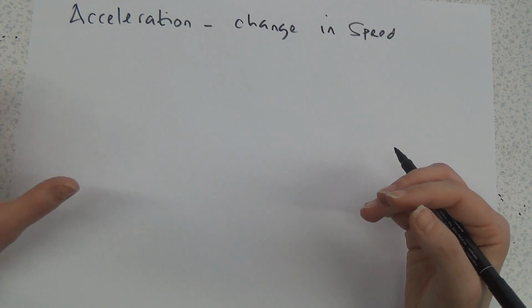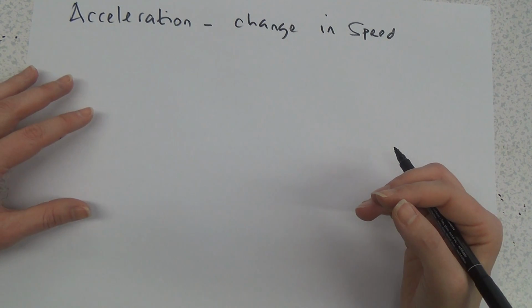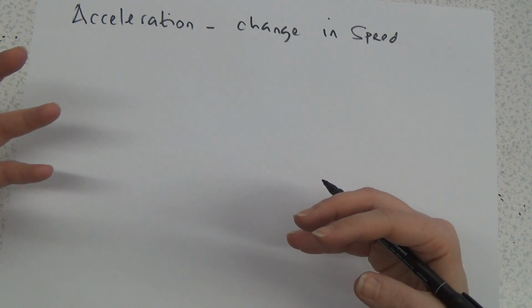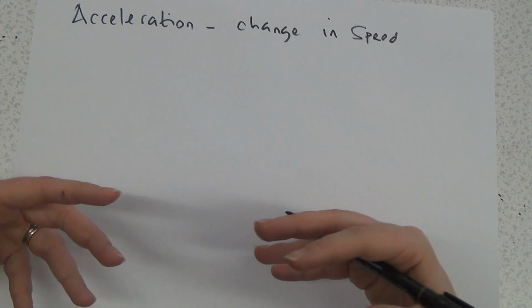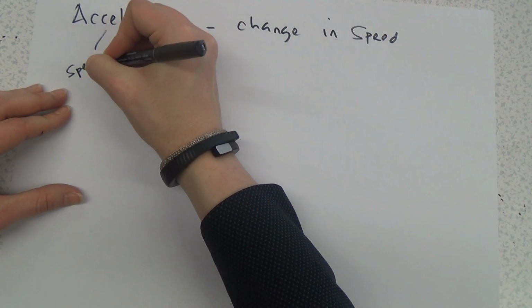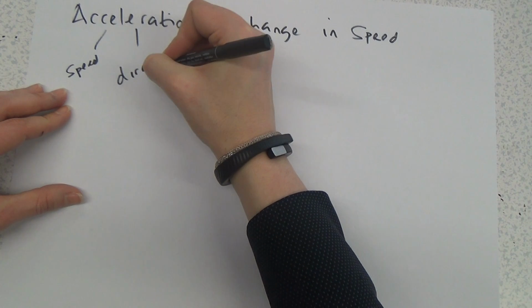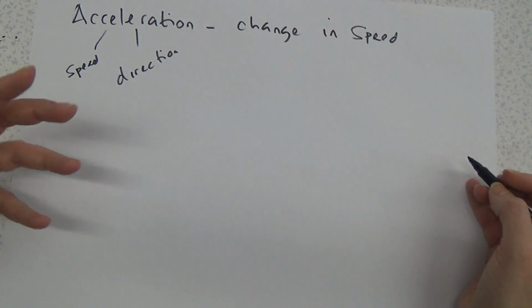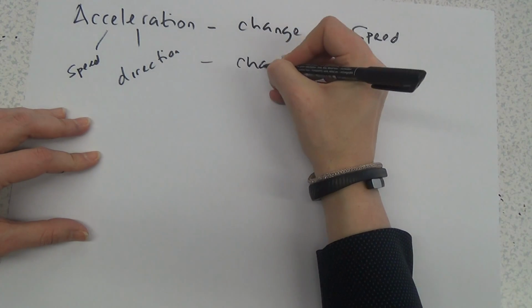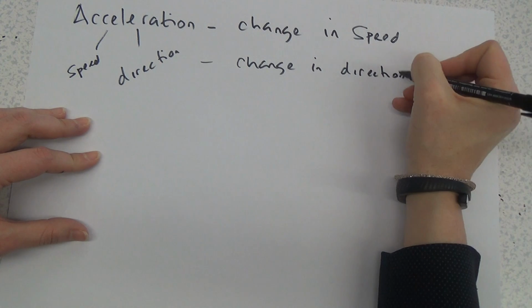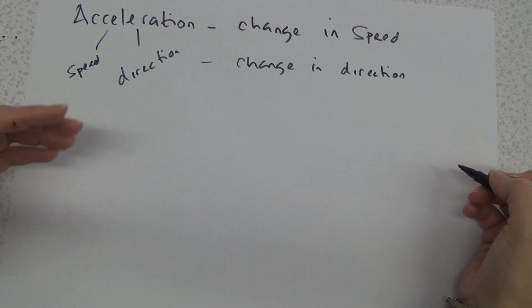However, acceleration doesn't just mean that, because acceleration also includes not just speed, but also direction. So acceleration is not just about speed, it is about direction as well. So change in speed, yes, would mean acceleration, but also change in direction is also acceleration.